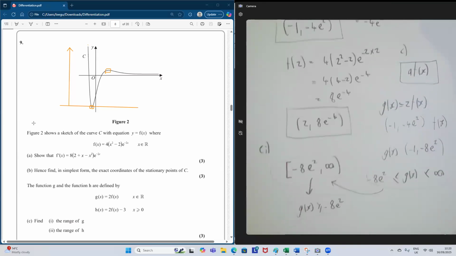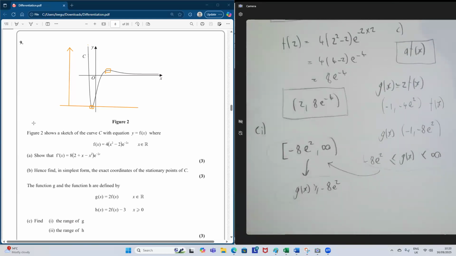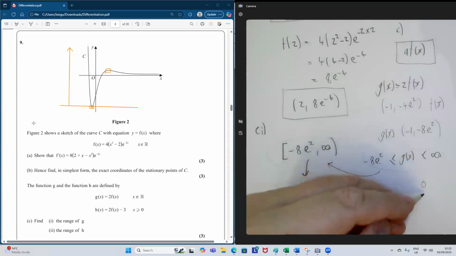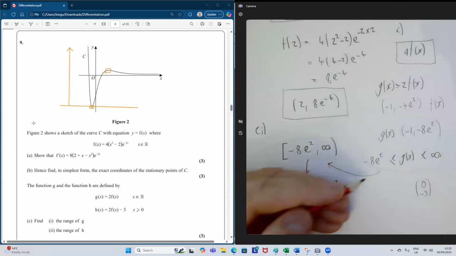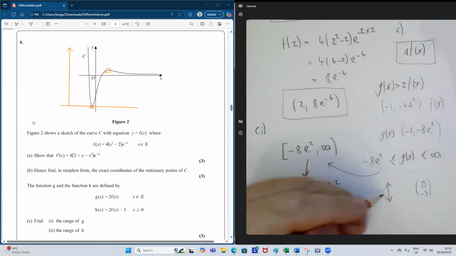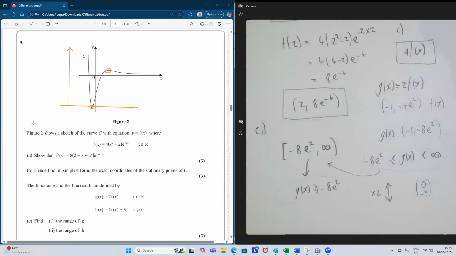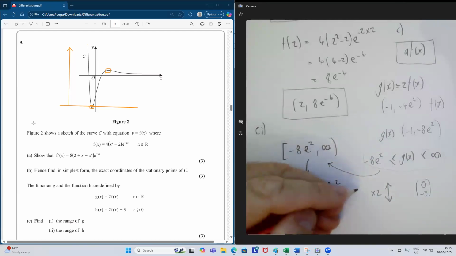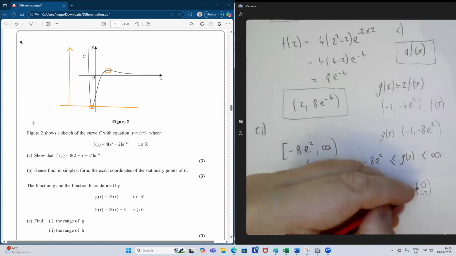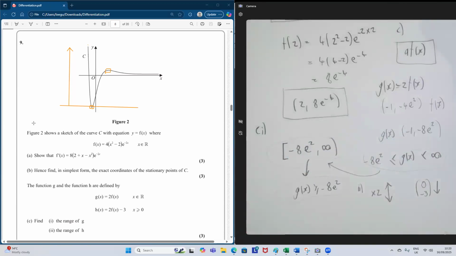Now let's think about what's going on here, h of x. So we have got a stretch of scale factor 2 parallel to the y-axis, and then we've got a translation by vector 0, -3. So first of all, we have a stretch of scale factor 2 parallel to the y-axis. Then the whole thing gets translated down by 3.